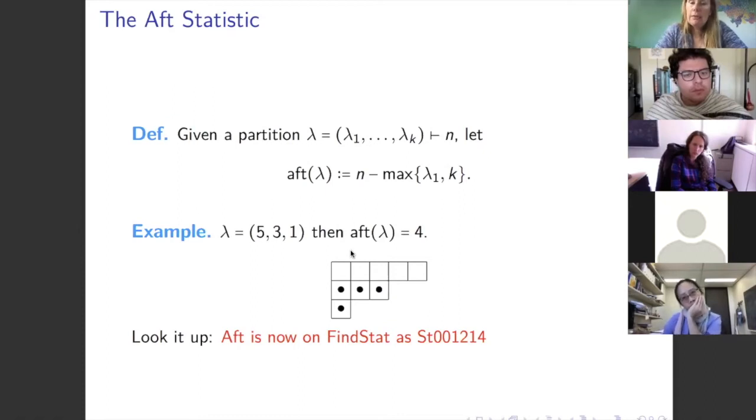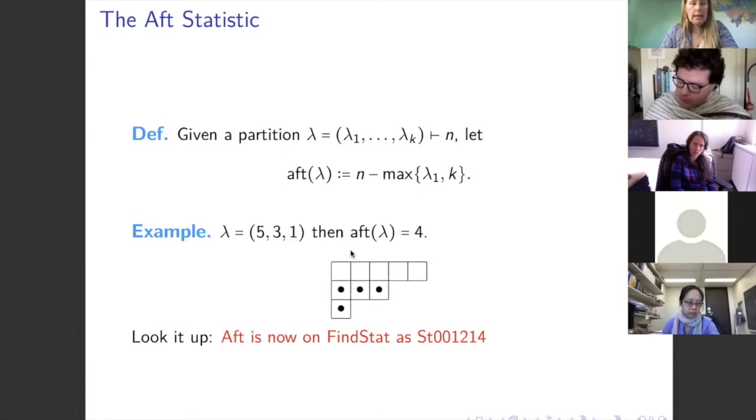So the aft of lambda is n minus either lambda 1, the size of the first row, or the size of the first column. So n minus the max of lambda 1 or k, whichever is smaller. Okay, so for 5, 3, 1, the aft is 4, because if I take away the top row, I have 4 left. If I took away the top column, I'd have 5 left, but I want the smaller one.